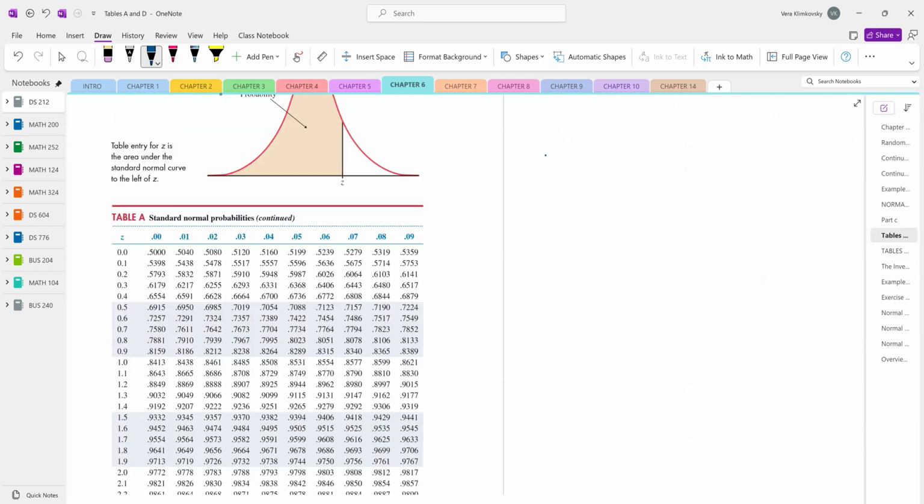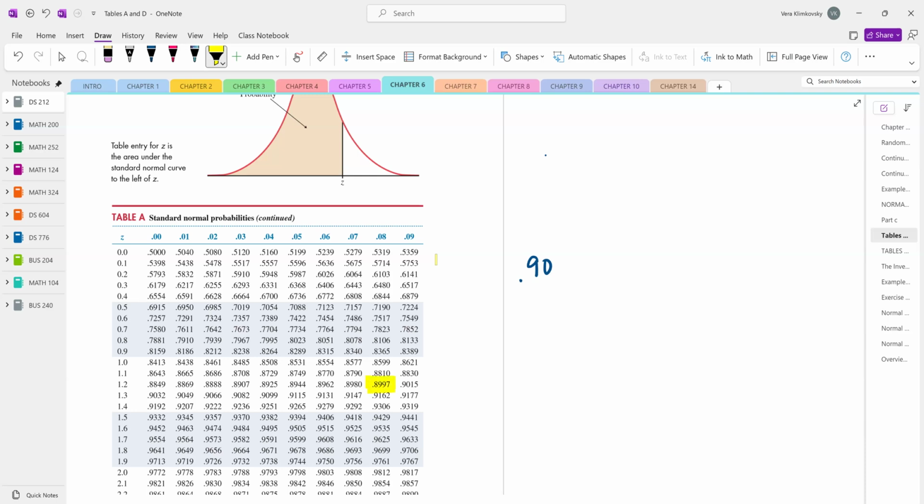So we're going to look for 90% probability inside the table. Remember, these are the probability values inside the table, and we need to find the value as close as possible to 0.9. We may not be able to find that value exactly, but we're looking for the closest match, such as this value over here.